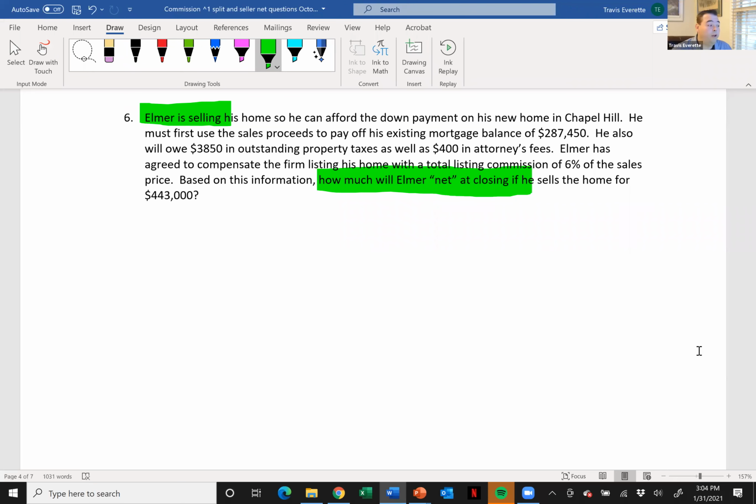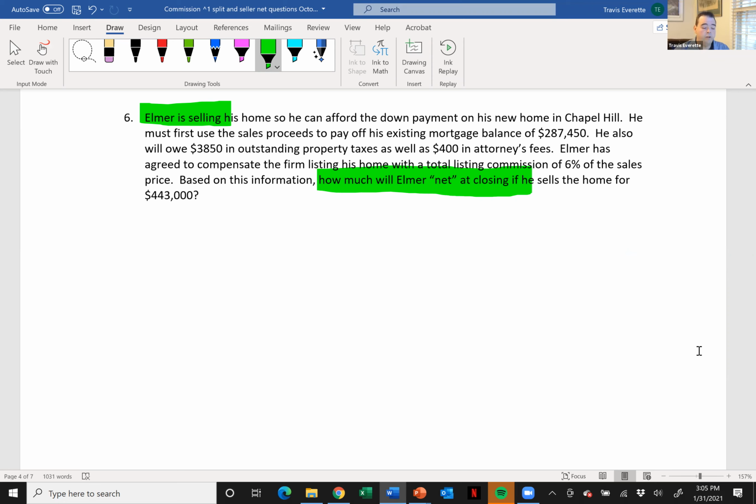Okay, so now we want to take a look back at this question and see if we can tackle it now that we've talked about this idea of a seller net. It says Elmer is selling his home so he can afford the down payment on his new home in Chapel Hill. He must first use the sales proceeds to pay off his existing mortgage balance of $287,450.